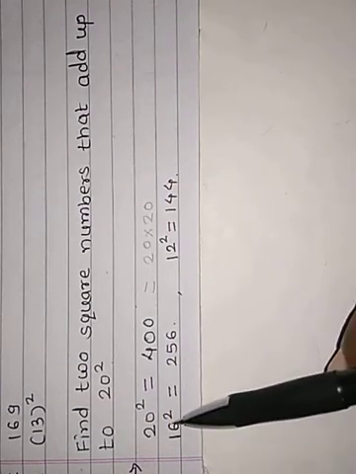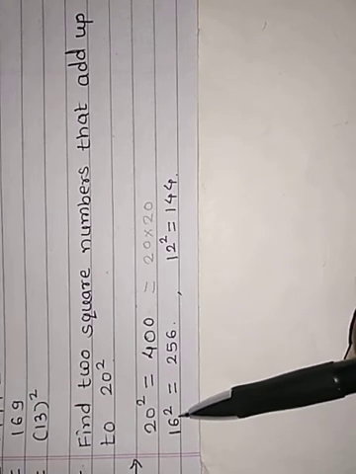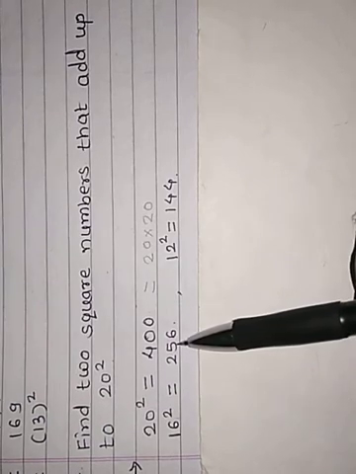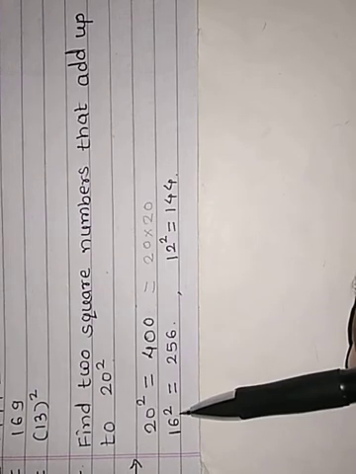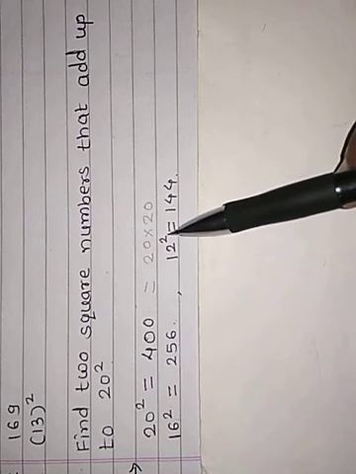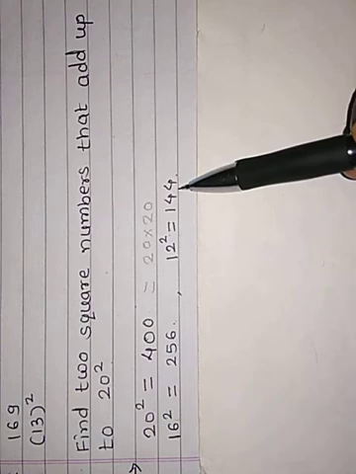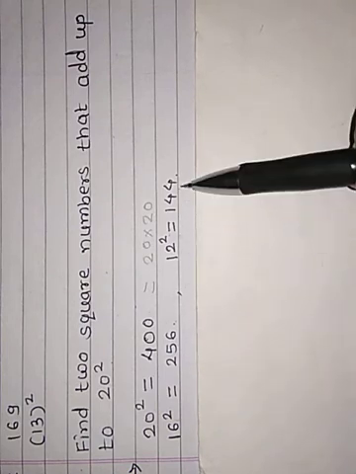Now, what is the square of 16? See here, the square of 16 is 256, and the square of 12 is 144. Now we add the squares of these two numbers.